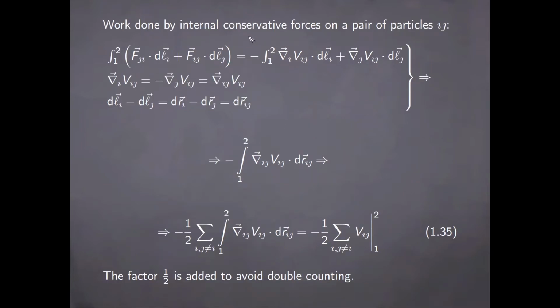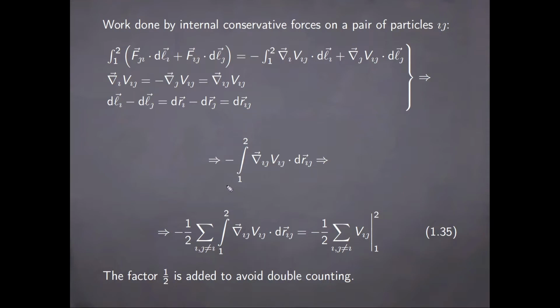The work done by internal conservative forces on a pair of particles i and j is a sum of two line integrals corresponding to each of the particles. And since these forces are conservative, we can write them in terms of gradients of the two-particle potential, but we know that these gradients are as well equal up to a sign, so they can be factored out of the expression, and the resulting difference between differential line elements is simply the differential of the relative vector of the two particles.